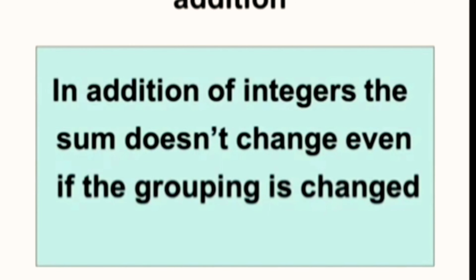Let us know about an identity called additive identity. As we know that 5 plus 0 is equal to 0 plus 5 is equal to 5. Similarly, minus 8 plus 0 is equal to 0 plus minus 8 is equal to minus 8.